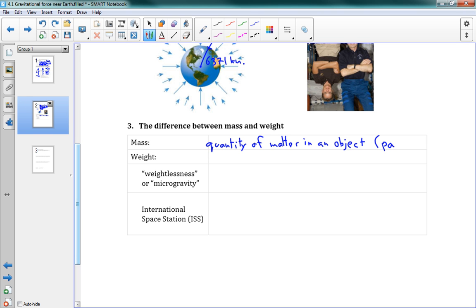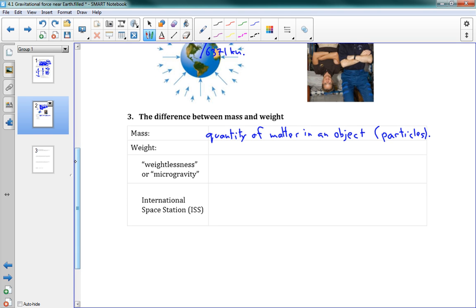Like this is a real measure of how much matter there is, how much stuff there is. That's the mass. Whereas the weight is the force of gravity acting on an object. And that changes.